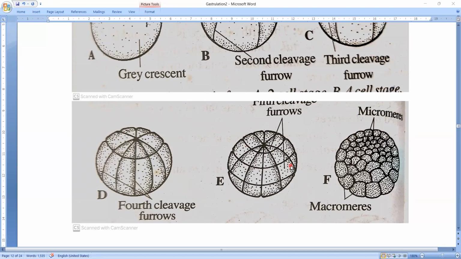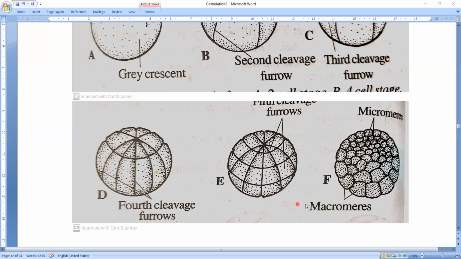It occurs at the same time, so that it divides the embryo to produce 32 blastomeres, out of which 16 are micromeres and 16 are macromeres. After the 32 cell stage, the cleavage becomes irregular, rapid, and differential.